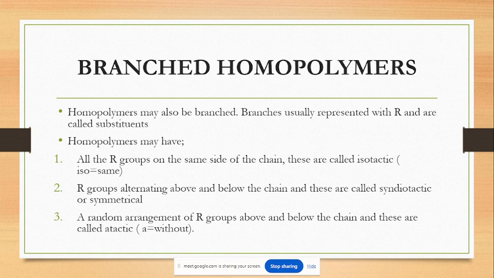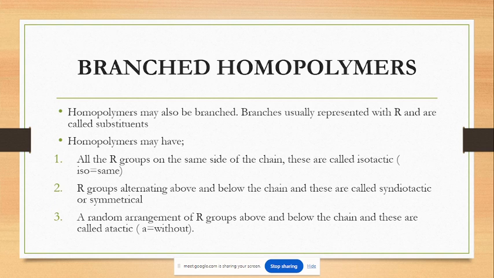There are about 3 arrangements that we have of the R groups, and because of such arrangements, these branched homopolymers will be called by different names based on how these R substituents are radiating from this backbone.